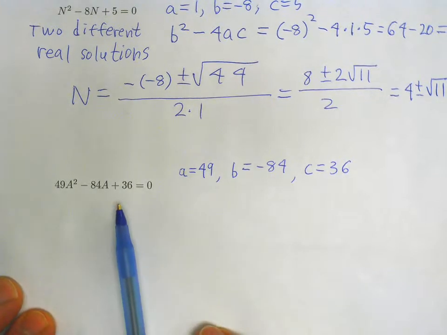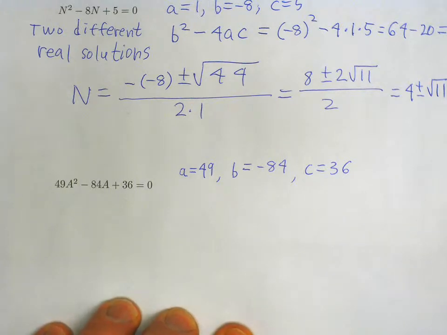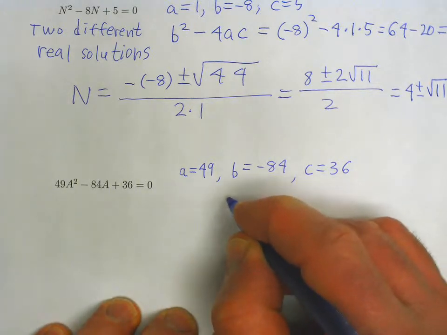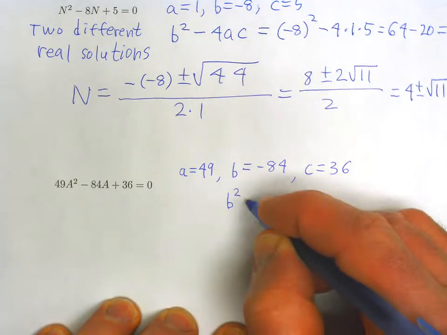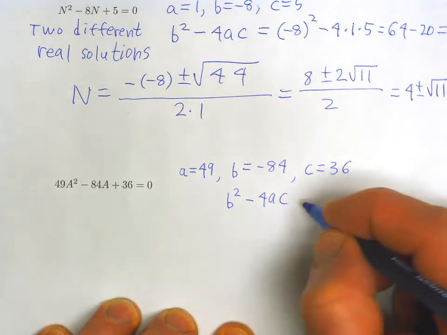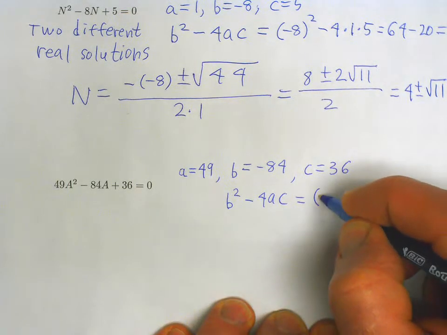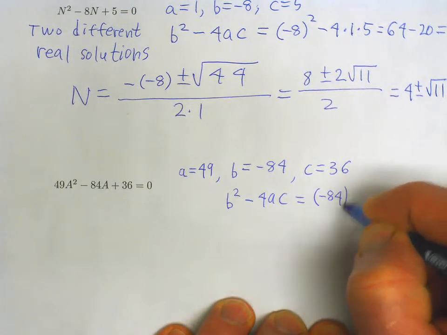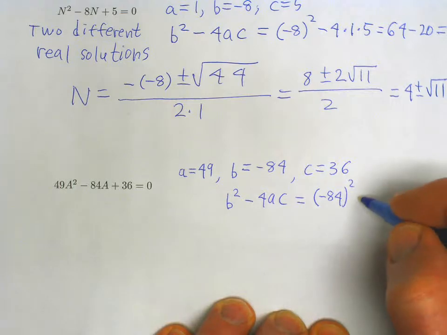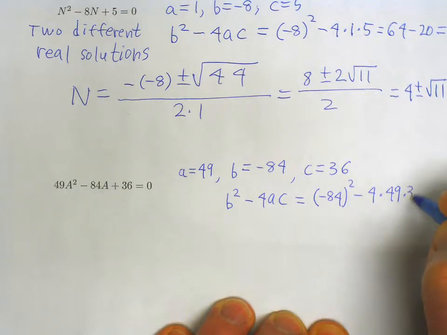Okay, so we'll use the quadratic formula. We're going to use the discriminant to classify the solutions. So b to the second minus 4ac is equal to the number negative 84 squared minus 4 times 49 times 36.